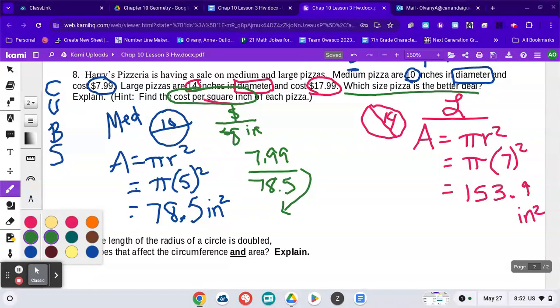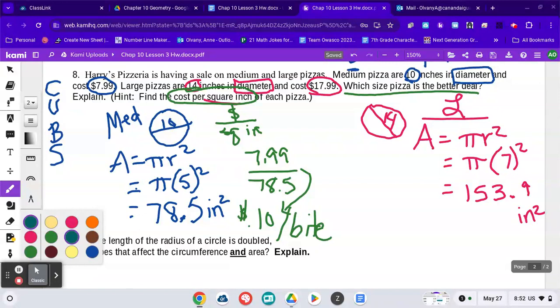$7.99 divided by 78.5 comes out to be 10 cents a square inch, which if you think about a square inch, it's kind of like per bite. That's what I think anyway, for what that's worth. Okay.